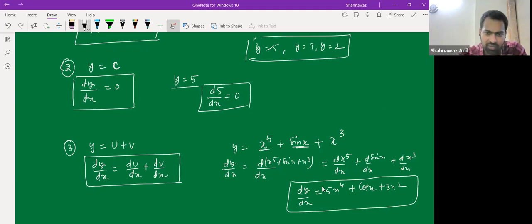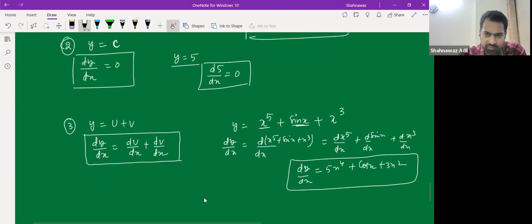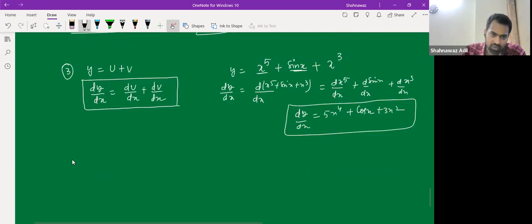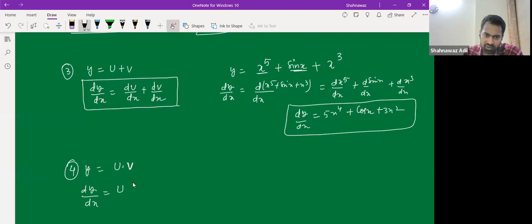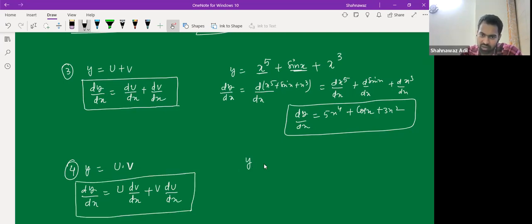And then we have the multiplication rule. So y is a multiplication of two functions. In this case, what we do is that we take one outside and we take the differentiation of the other one. And in the second case, we take the other one outside and we take the differentiation of the first one. So let's say that I want to calculate the differentiation of x squared into sin x or x squared into log x.